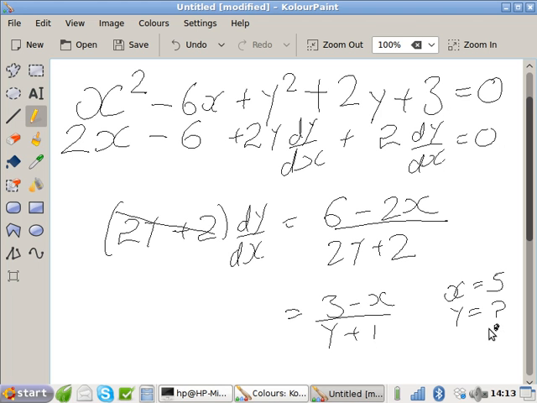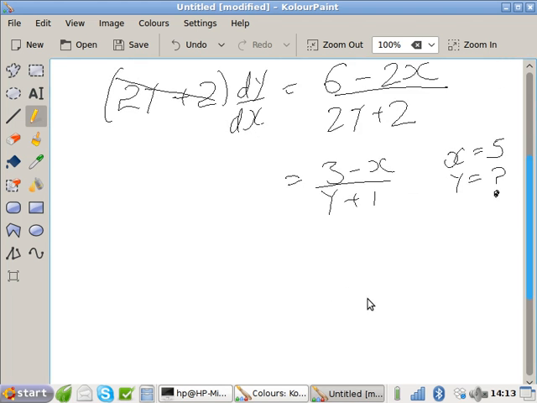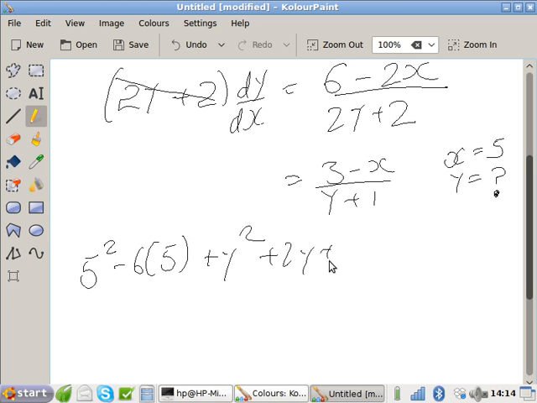This is number 7 from the last lesson. So if I use 5, I have 5 squared minus 6 times 5 plus y squared plus 2y plus 3 equals 0. So I get y squared plus 2y, 25 minus 30 is minus 5, plus 3 is minus 2.